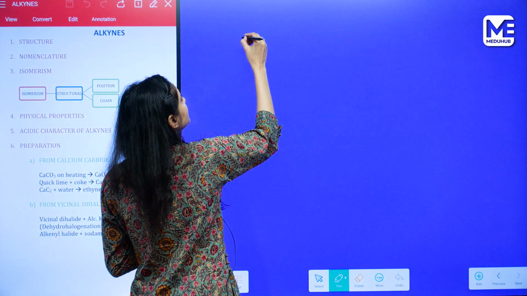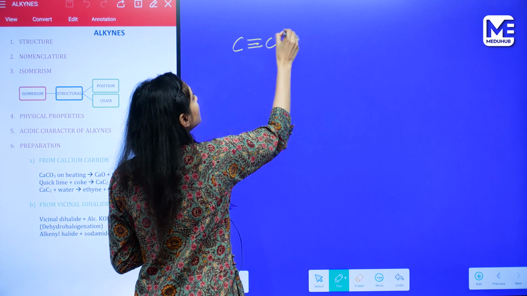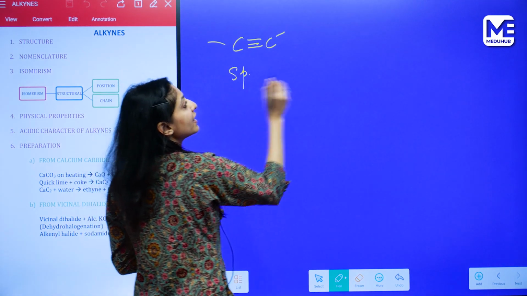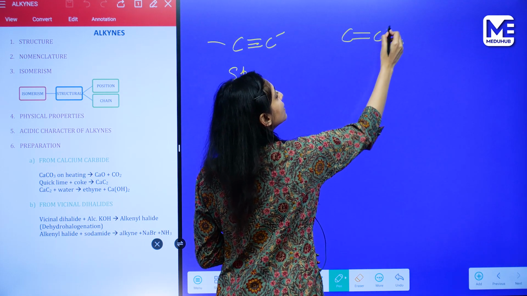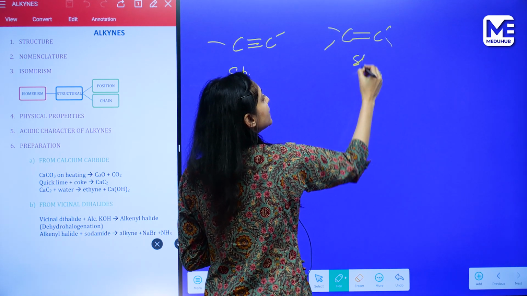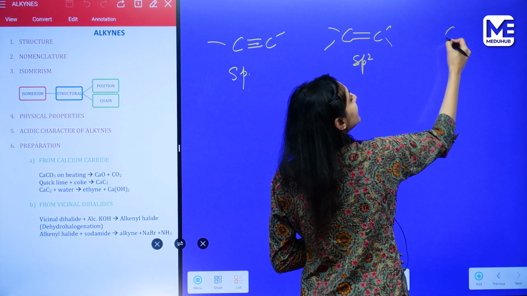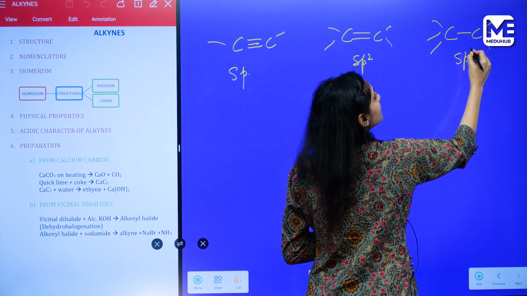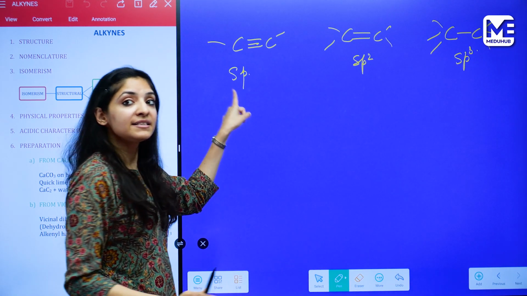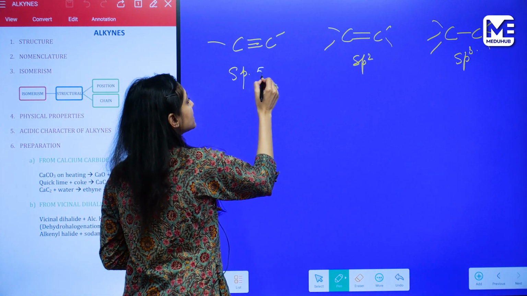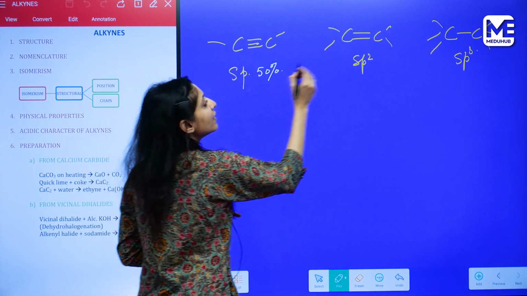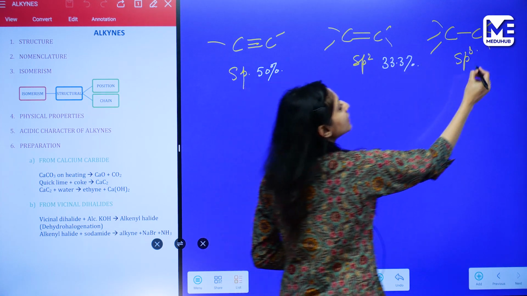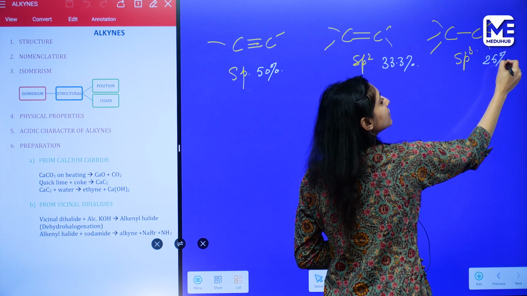In alkynes, the triply bonded carbon is sp hybridized, whereas in alkenes, it is sp2 hybridized, and in alkanes, it is sp3 hybridized. Now the s character here is 50%, here it is 33.3%, here it is 25%.